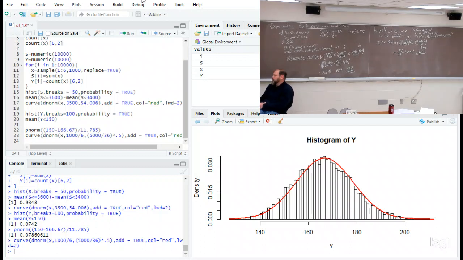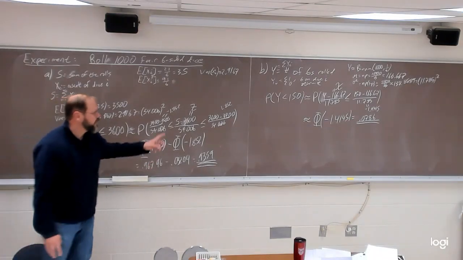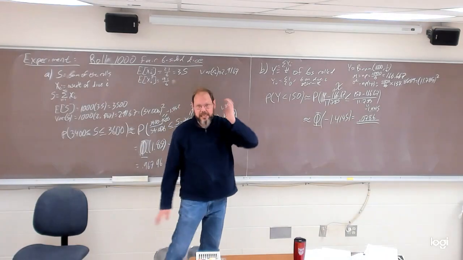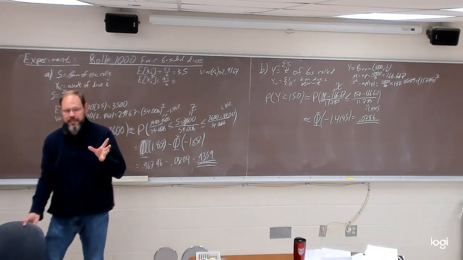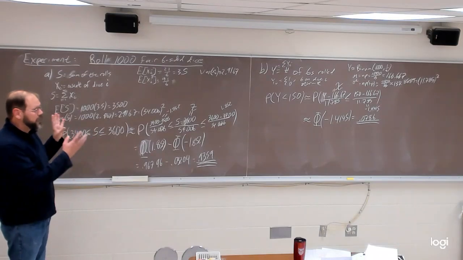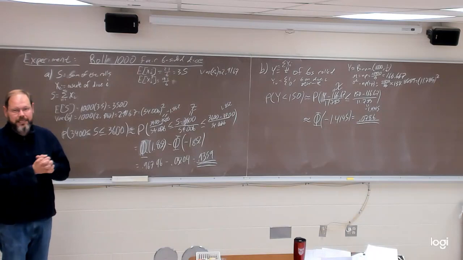Just following up, those were two very different random variables, and even so, we were able to use the central limit theorem to estimate those probabilities, and we did so with a very good estimation.